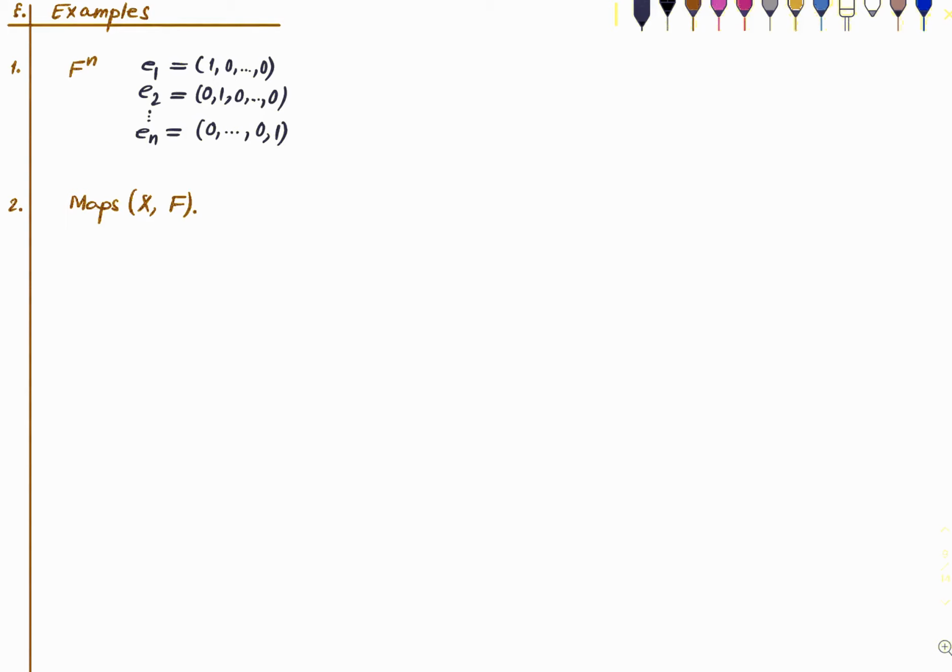So this is a basis. And therefore the dimension of F^n, this is how we denote dimension of any vector space, we write dim. So dimension of F^n is n. We have a basis of size n, therefore dimension of F^n is n.